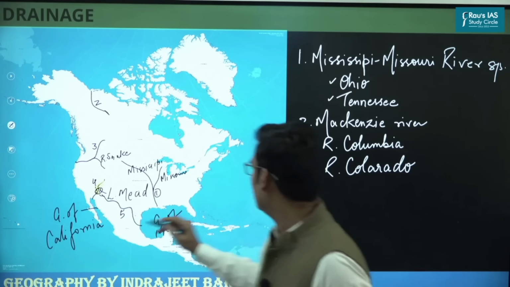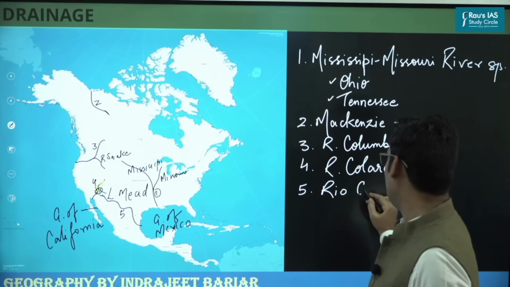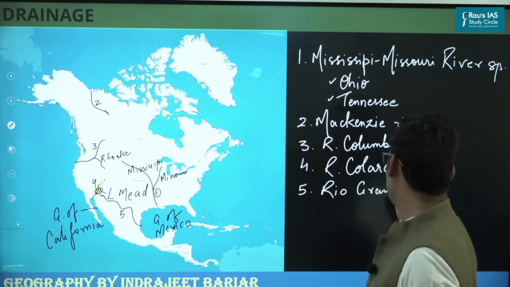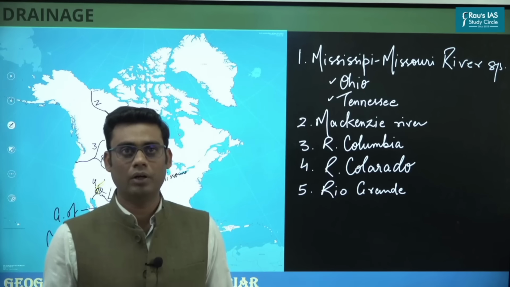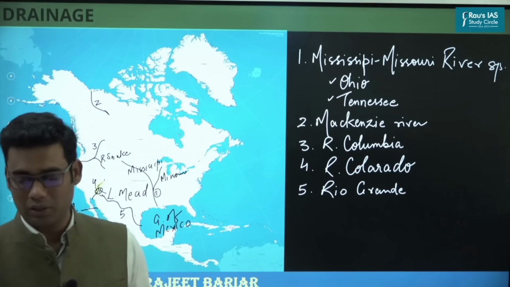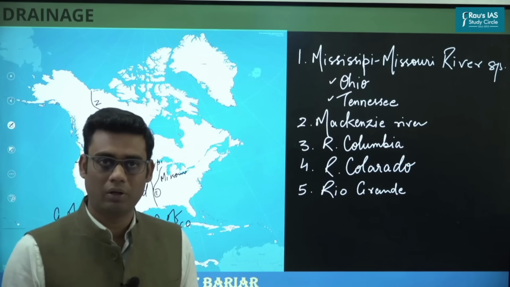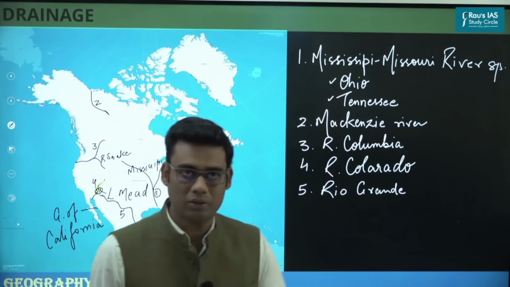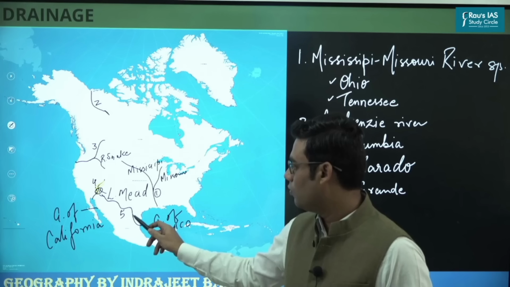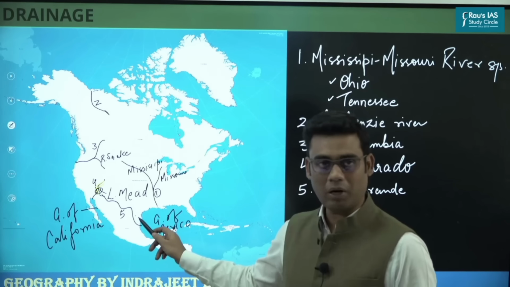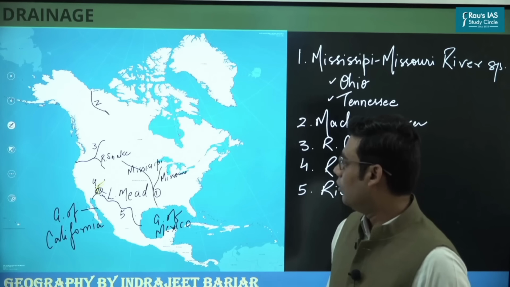This river is called the Rio Grande River. Rio Grande literally means grand river, large river. It is an extremely important river, especially in Mexico, where in the northeastern part it is the most important source of water.